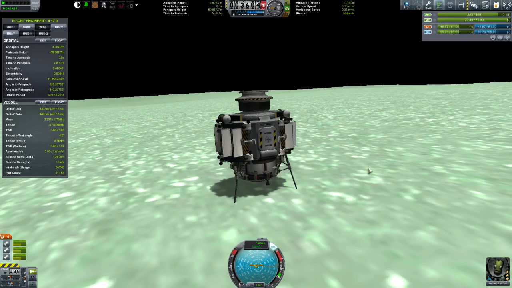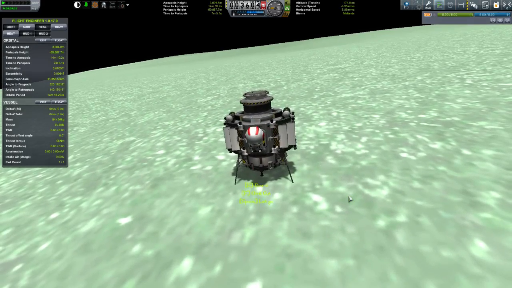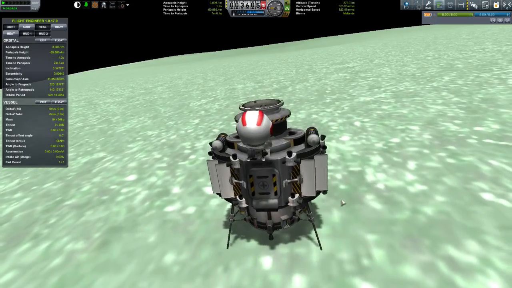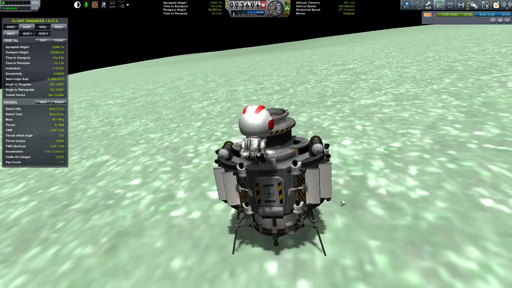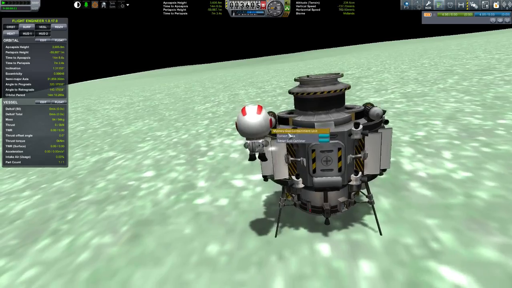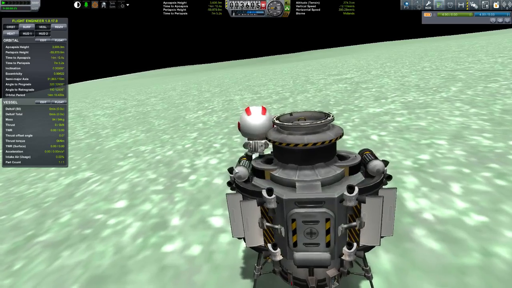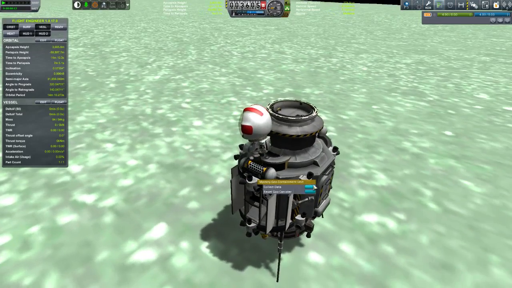Oops, we have an existing crew report. Of course, we have one. So now what we need to do is gather all this science up. I've done a few of these landings now, so I'll collect that and I'll restore it.